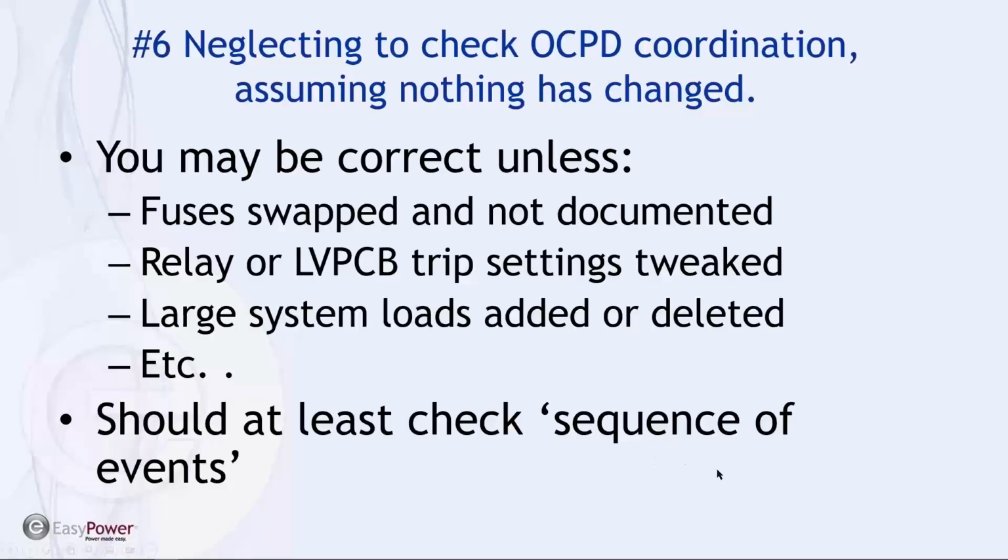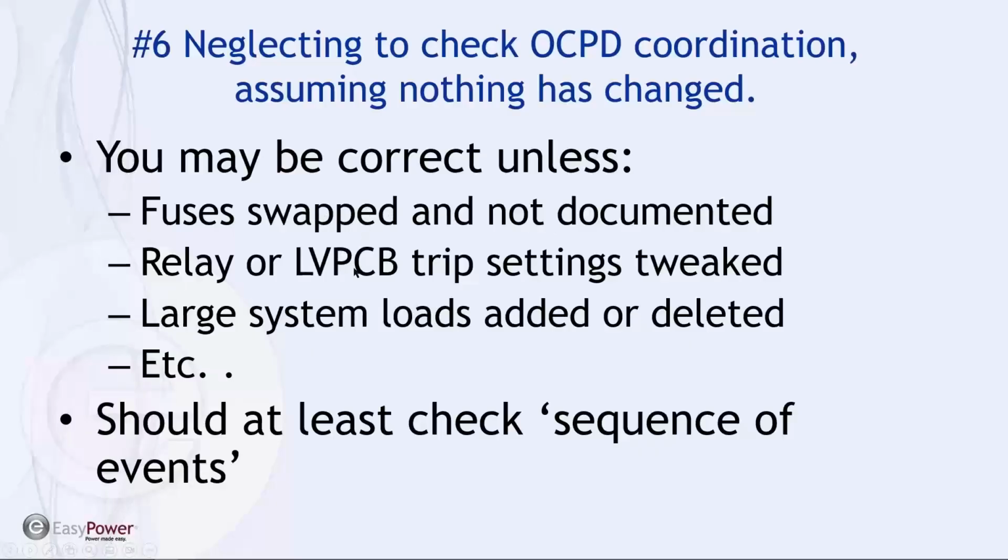Well, you may be correct. If we did a protective device coordination study when we originally commissioned the system and nothing's been changed, then it should still be good. But have any fuses been swapped and for some reason not documented, or even have different values in the different phases?